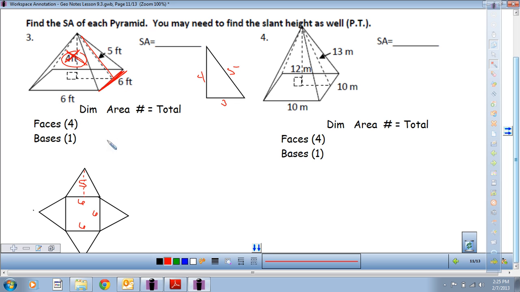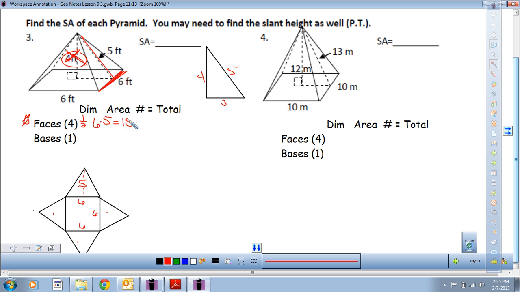So if we look at this, we have 1, 2, 3, 4 of those lateral faces. Now what you can say about these guys, because this is a square, all 4 of these are the same. Now to do that, we're going to calculate the area of that triangle. 1/2 times the base, which is 6, times the height of that face, which is 5. Now if you do 1/2 times 6 times 5, 6 times 5 is 30.